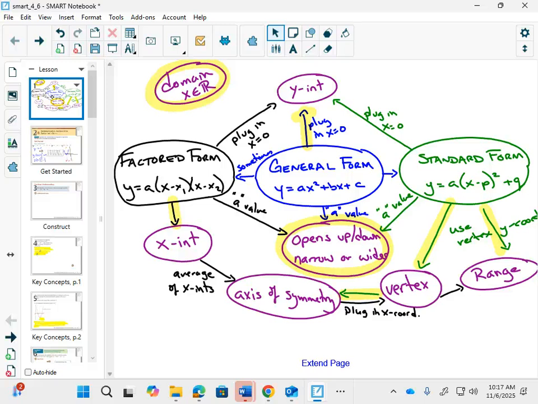Yes, because you can always go to the standard form. Now, once you have the standard form, you could still find your y-intercept if you plugged in x equals 0. You could use the y-coordinate of the vertex to state the range. You get the vertex really easily from standard form. And if you have the vertex, you know the axis of symmetry.